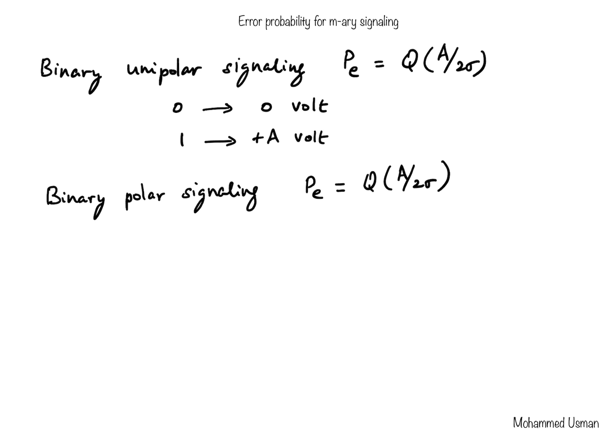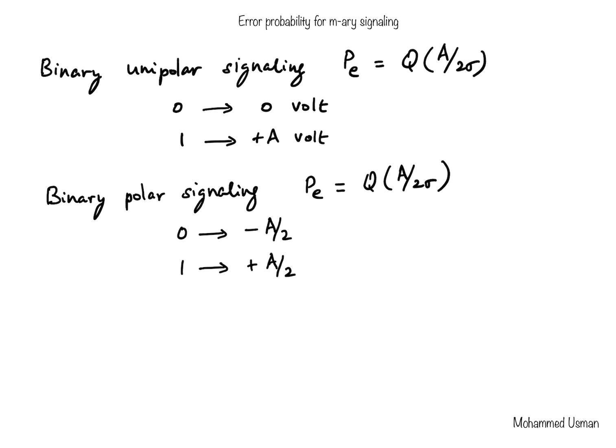For the polar signaling, we represent a 0 as a negative voltage, which we denoted as minus A by 2, and a bit 1 as a positive voltage, which we used as plus A by 2. The choice of these voltage levels has been such that the voltage separation between a 0 and a 1 is A volt. From minus A by 2 to plus A by 2, the distance is A volt.